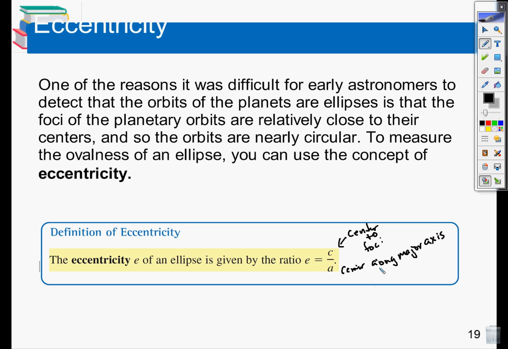So just that ratio will give you an expression of how elliptical that ellipse is.